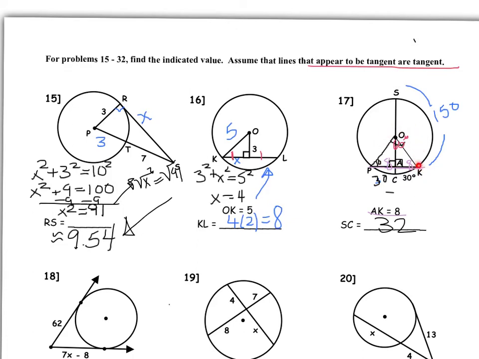This would have to be 60. So you're talking about a 60, 60, 60. Hey, this must be an equilateral triangle. And with an equilateral triangle, all the sides are the same. So if this side here is 16, all the other ones are 16 as well. And that makes the radius equal to 16. And that makes this diameter, this one right here, equal to double, which would be 32.